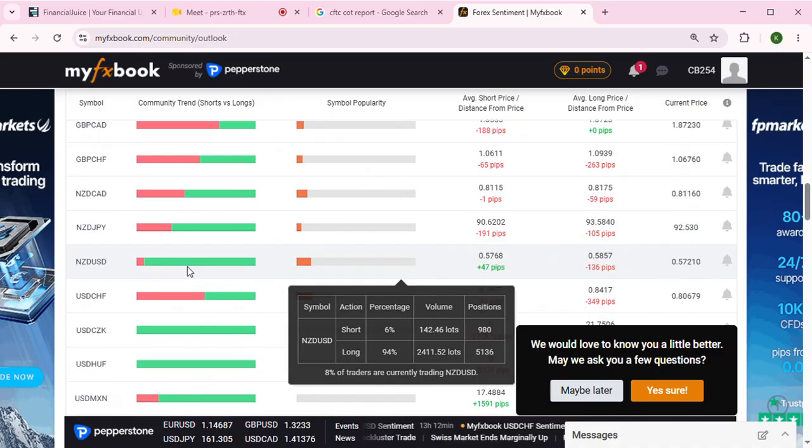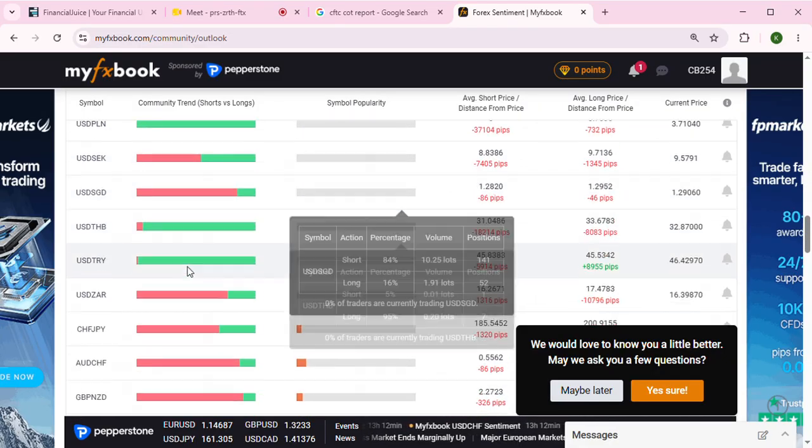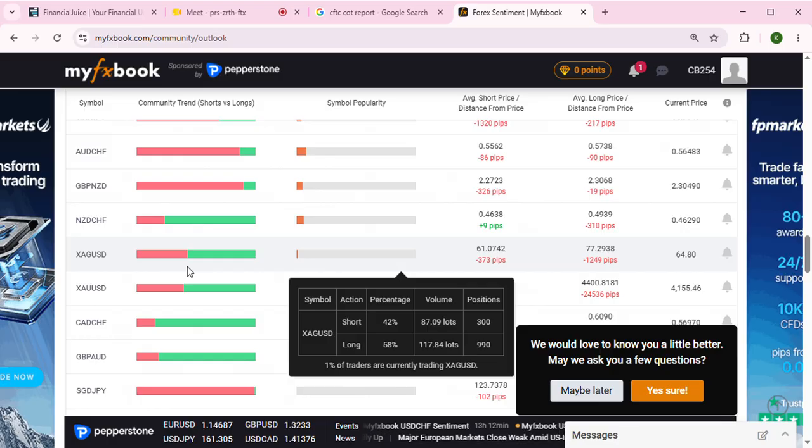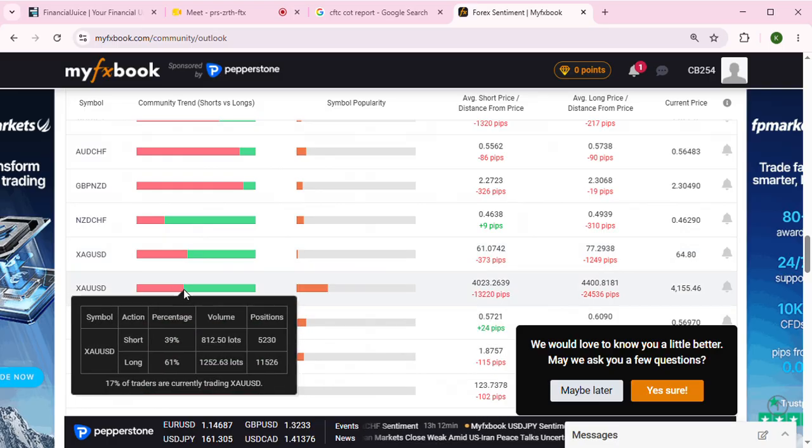Let's check on gold and see what you can expect. XAUUSD is here. This is gold, and for gold you can see 39% are on shorts, while 61% are on buys.